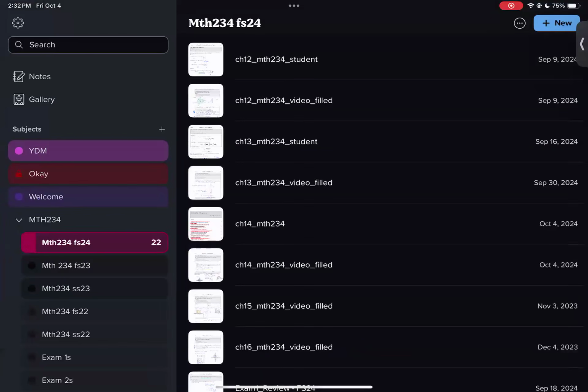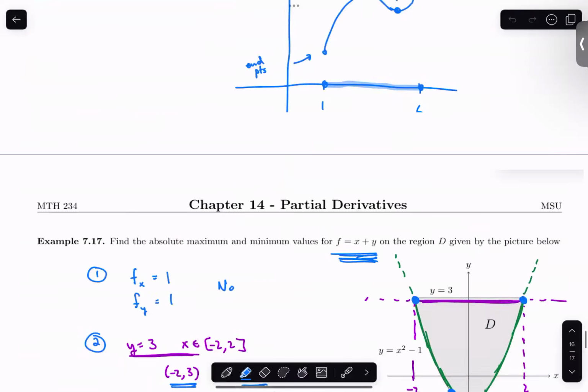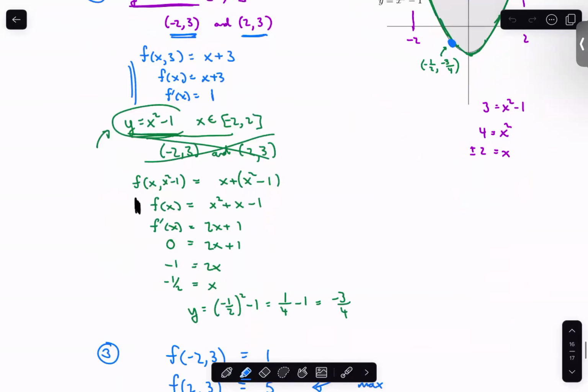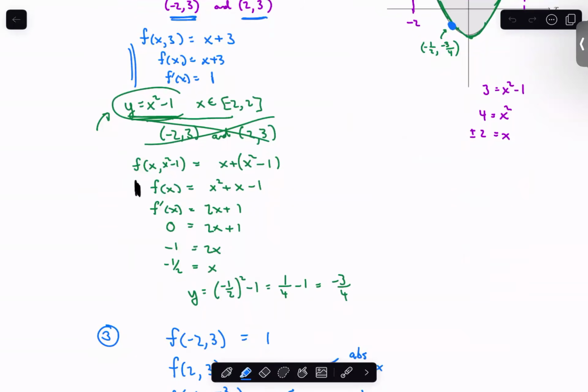Like the pre-class video, where we had a function with only 2 boundary curves, trapped between a parabola and a line. This is a little more reasonable for a time setting because there are fewer boundary curves, so it's a little bit faster, and you're not having as much overlap.